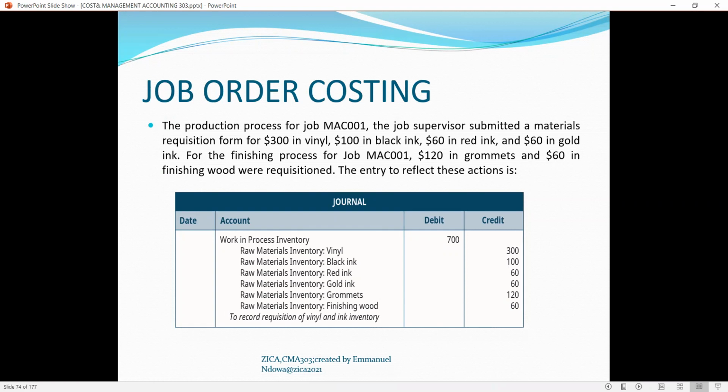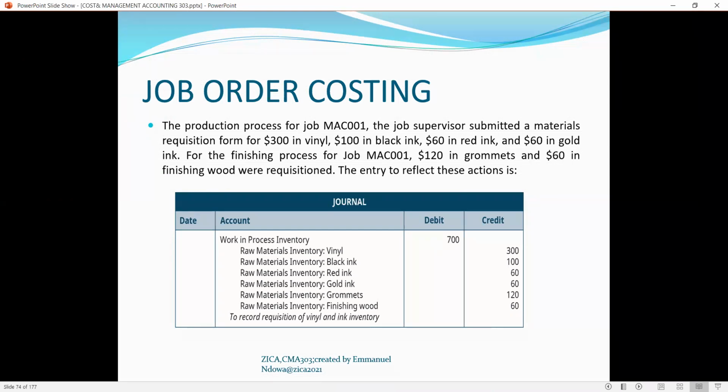If you cross-check your credits, all the accounts given in line with the request of the supervisor, you can see these figures accumulate to a total of $700. Are we in the picture of how we can allocate the materials from the warehouse to the production unit?